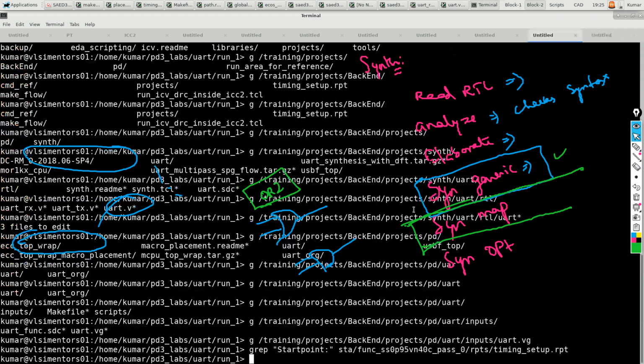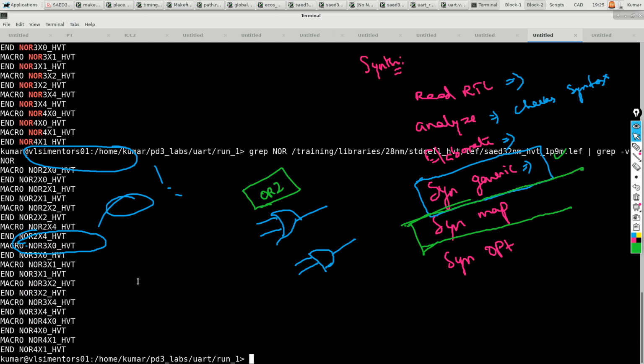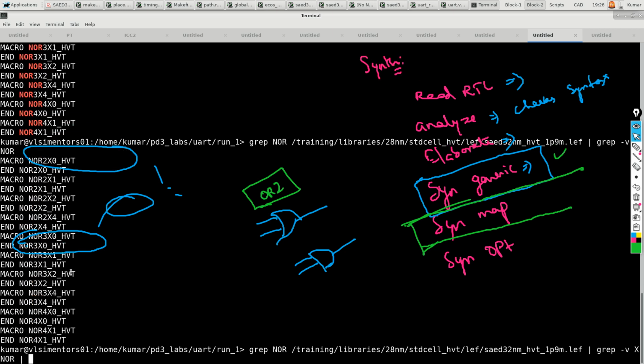Okay, now if I have to grab a simple one, let's take the NOR gate. So grep for NOR, and let's see.